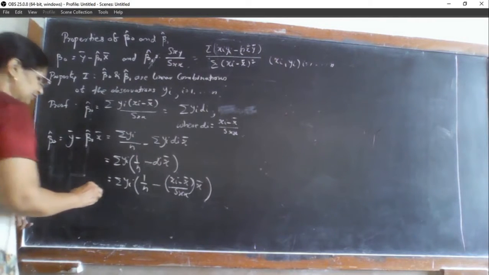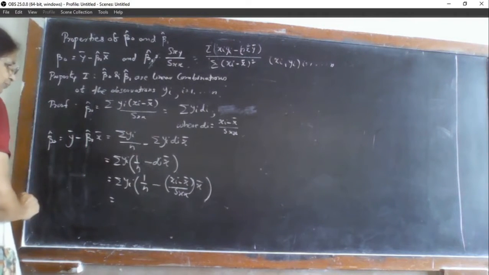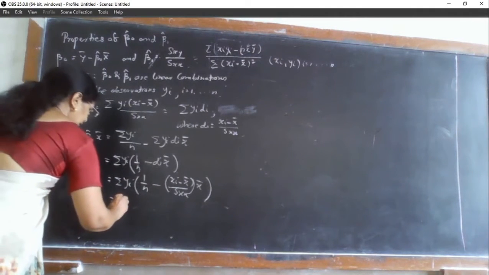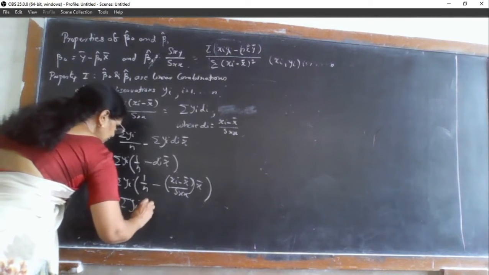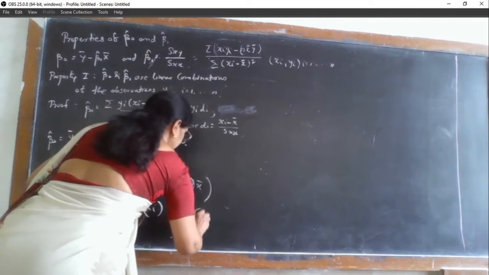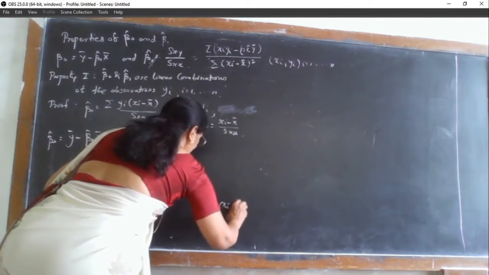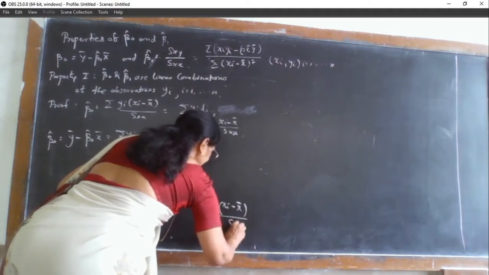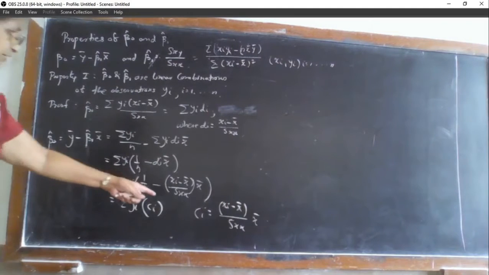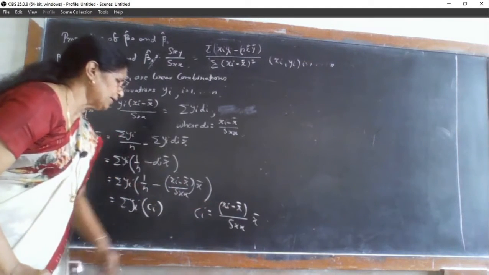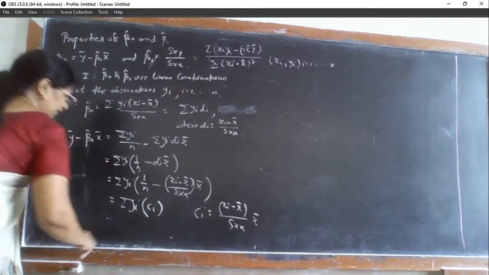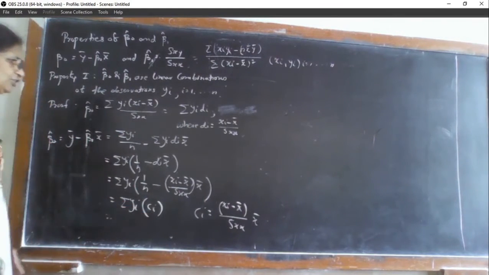Or you can simply write it like this: this is equal to summation of yi into ci. And what is ci? Ci is 1 upon n minus (xi minus x bar) upon Sxx into x bar. Now ci's are again normalized variates.